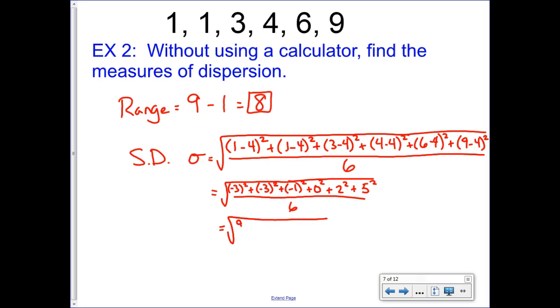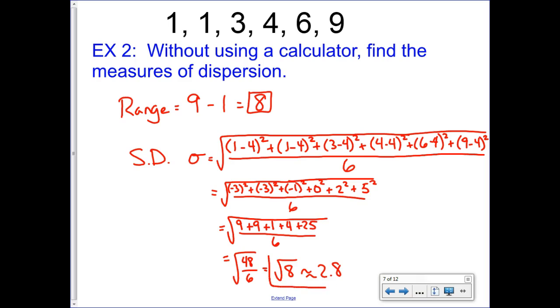So we get 9 plus 9 plus 1 plus 0 plus 4 plus 25 all over 6. That gets 48 over 6. 48 over 6 is 8. So the square root of 8 is approximately 2.8.